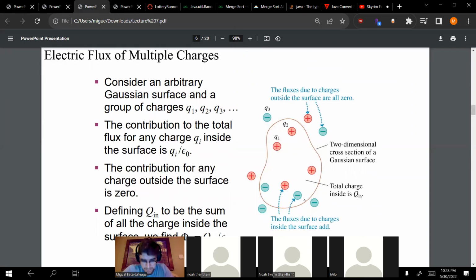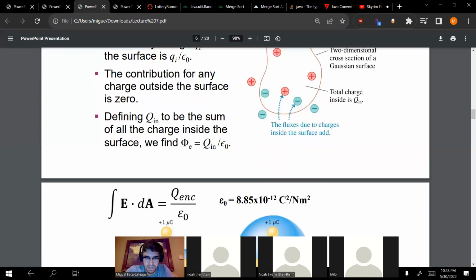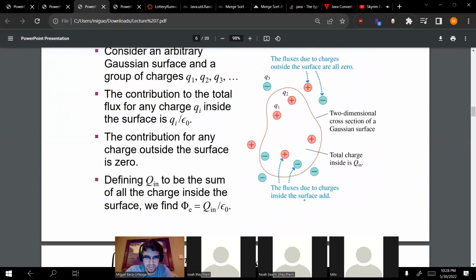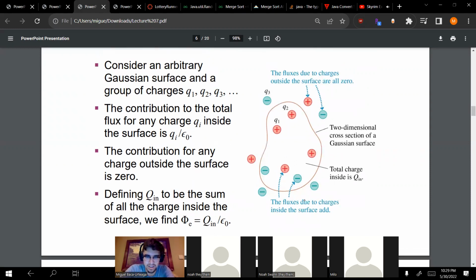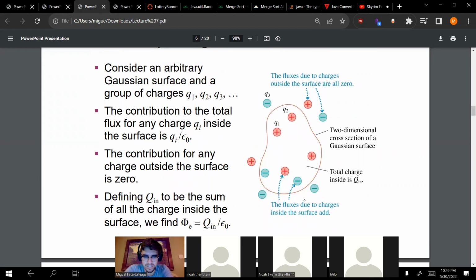So in this instance, you would do the, does he have the equations here? He doesn't have the equations. So defining the charge interior to be the sum of all charges inside the surface, we find that the flux is equal to the inside charge divided by epsilon naught.